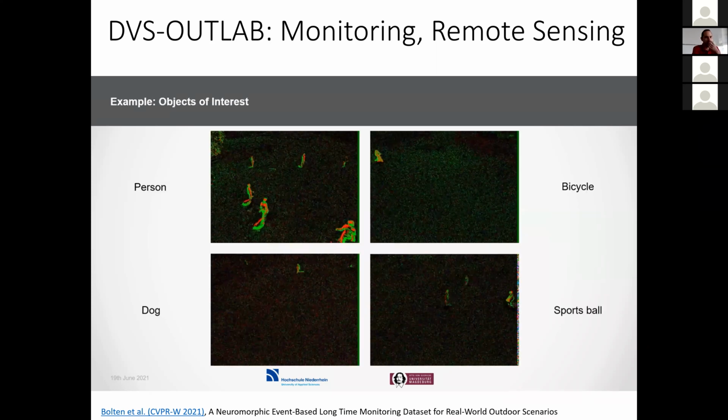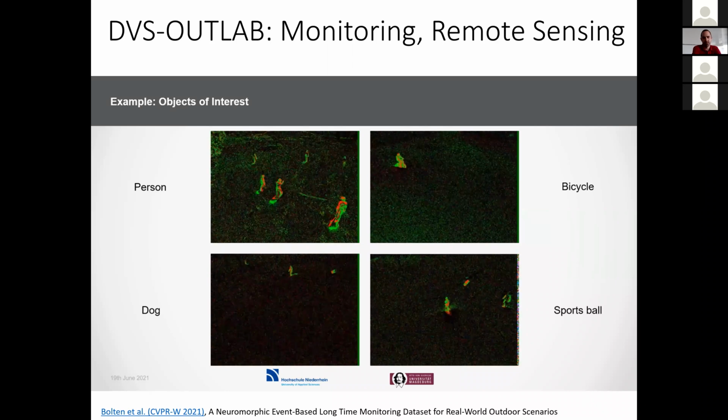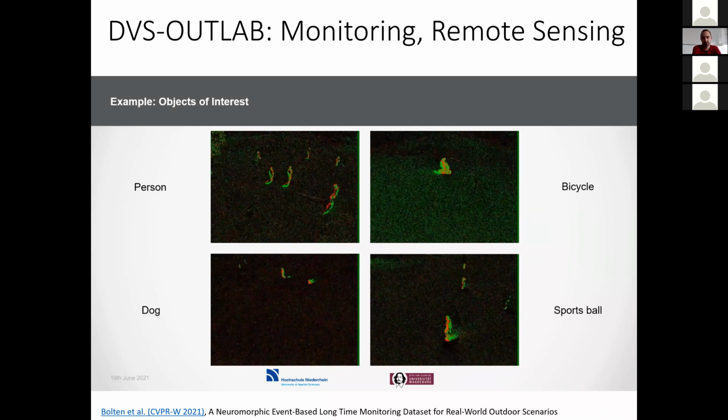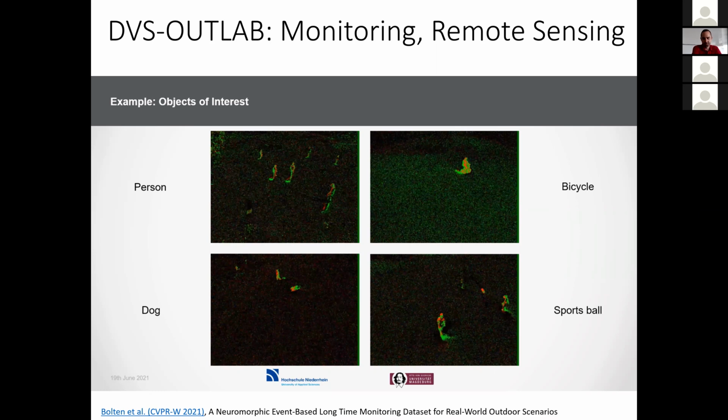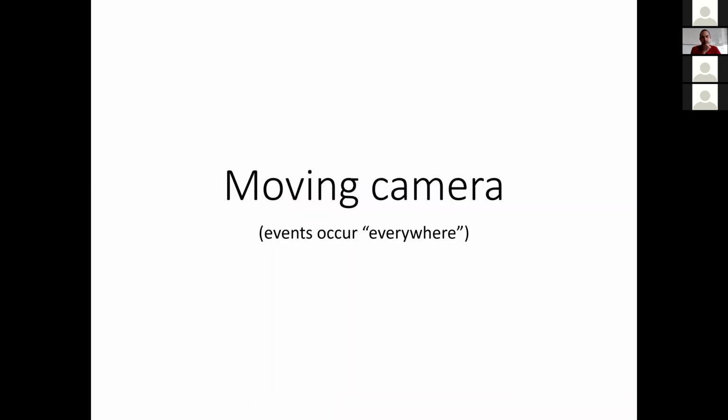The data also provides labels for these classes: people, bicycle, dog, and sports ball. I think this is a nice dataset that can be used to develop methods for multi-agent remote sensing using event-based cameras.